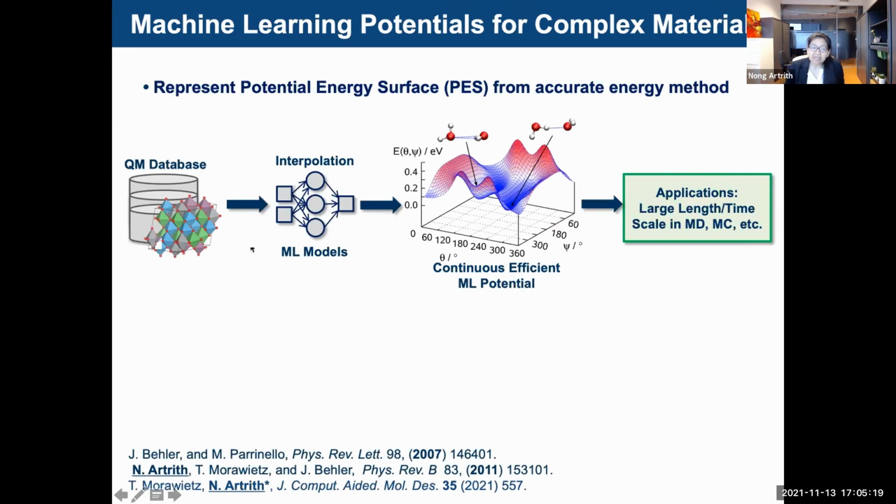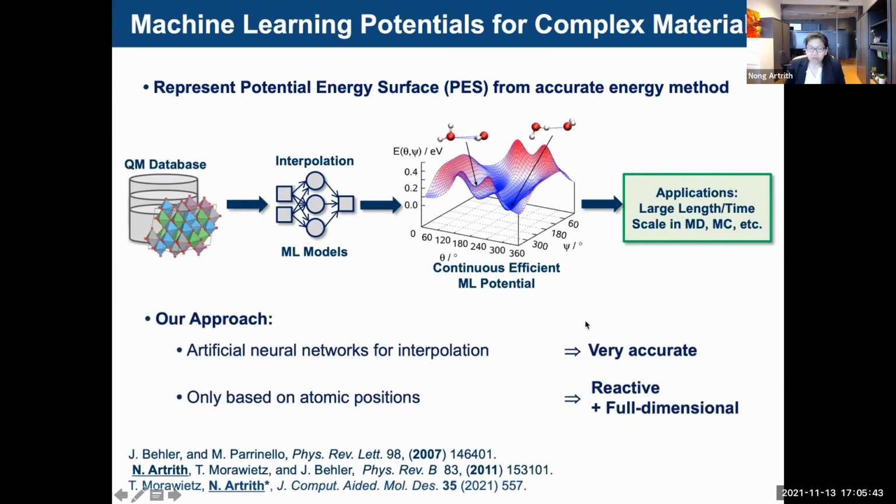First, we generate a really large database. Then we use a machine learning model to interpolate and construct a continuous, efficient and accurate machine learning potential. And then we apply the accurate energies and forces at large length and long time scales in MD and MC simulations.